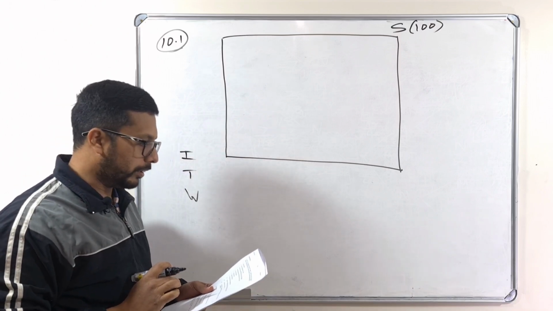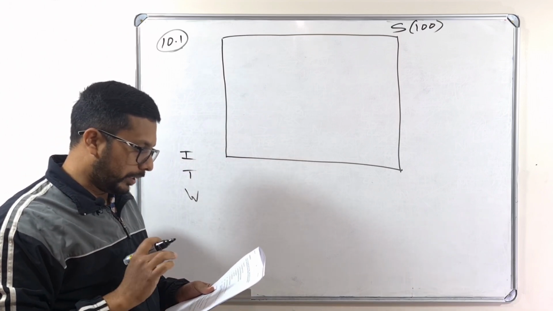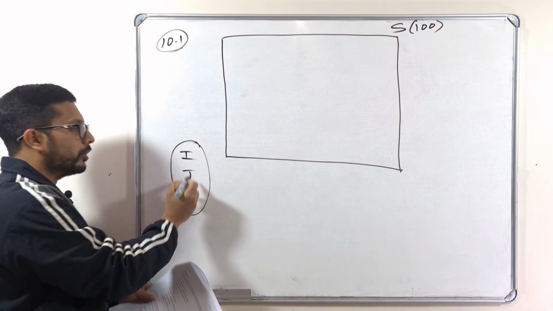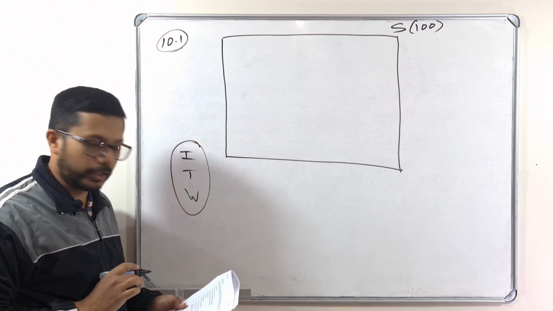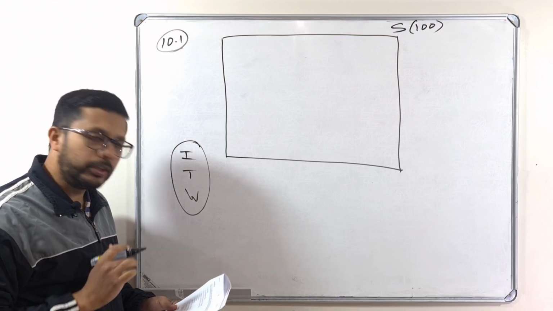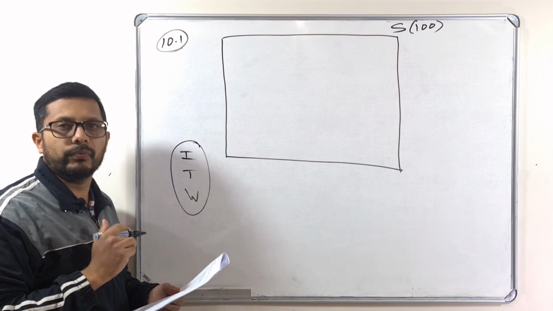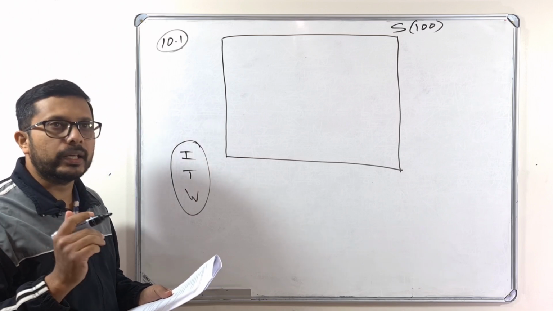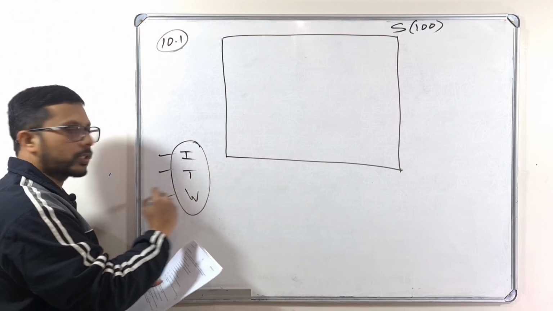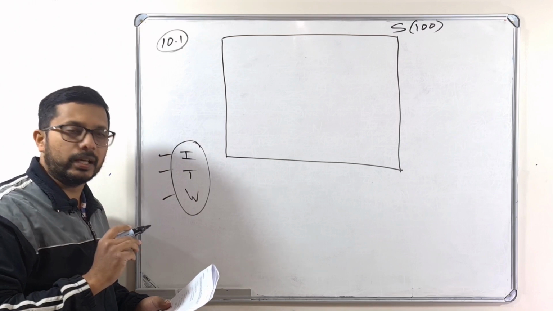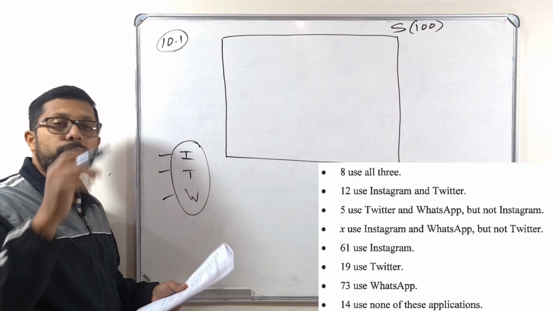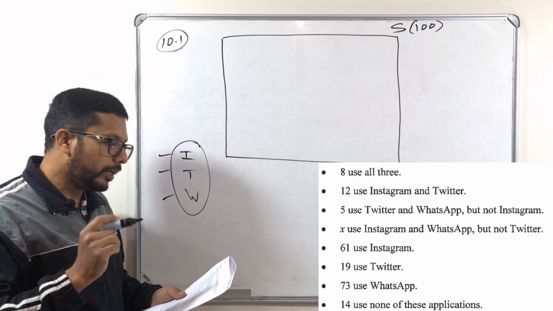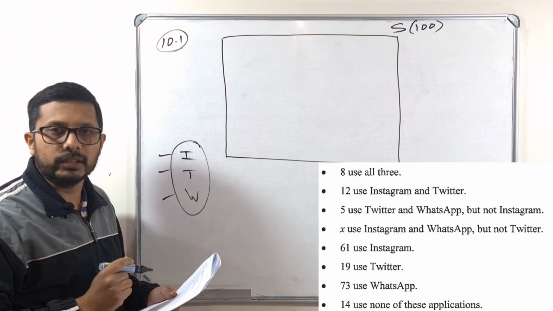Then look at the bullets. What are the items? Instagram, Twitter and WhatsApp. When you have a question like this to draw a Venn diagram, first check whether there is any item common to all three. Here there are three items. Look at the first bullet itself: 8 use all the three items.